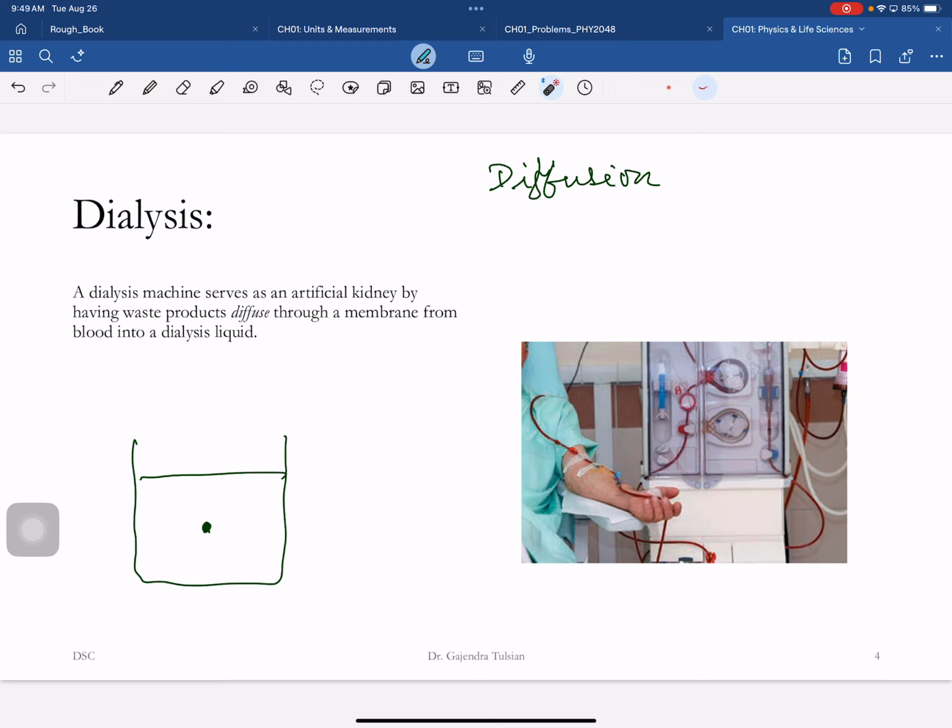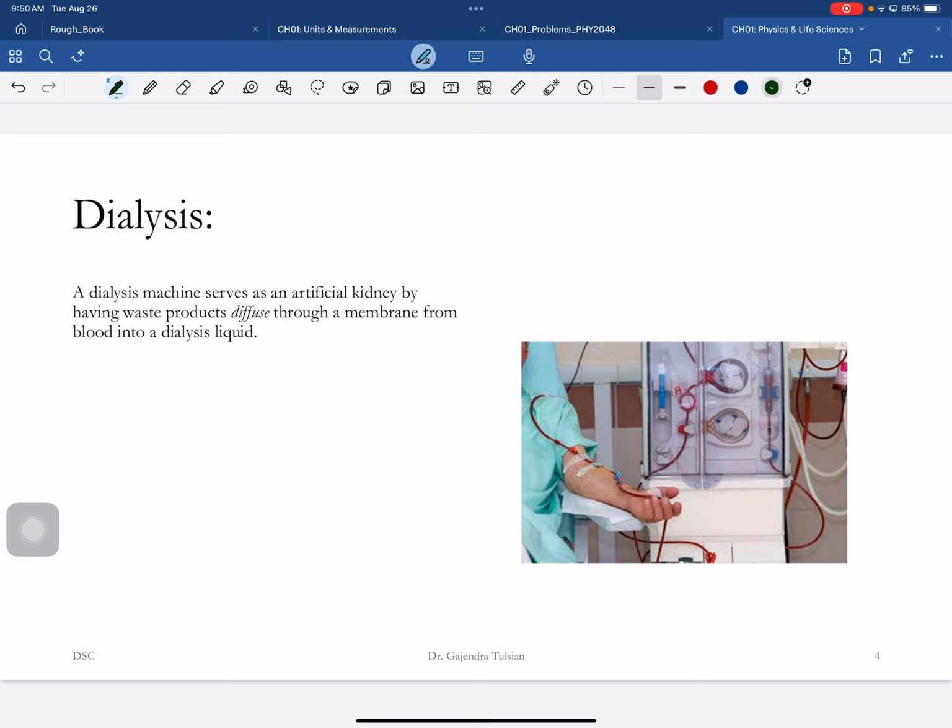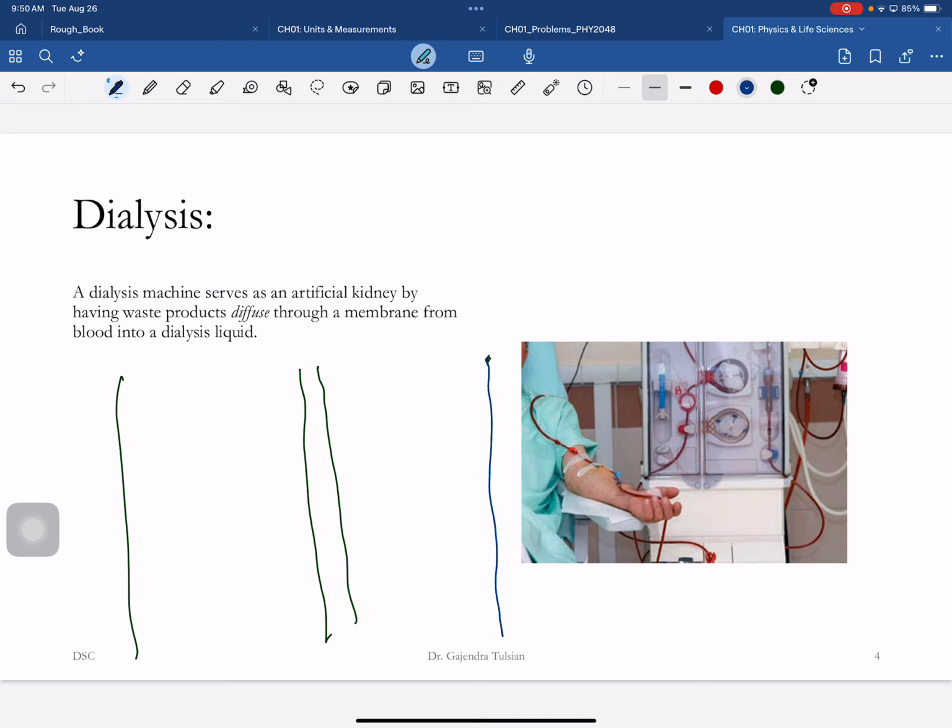What is the purpose of the dialysis machine? It's temporarily replacing your kidneys that are not functioning properly. Here's your blood vessel, this is a membrane, and this is the dialysis chamber, and I'm just keeping it simple.